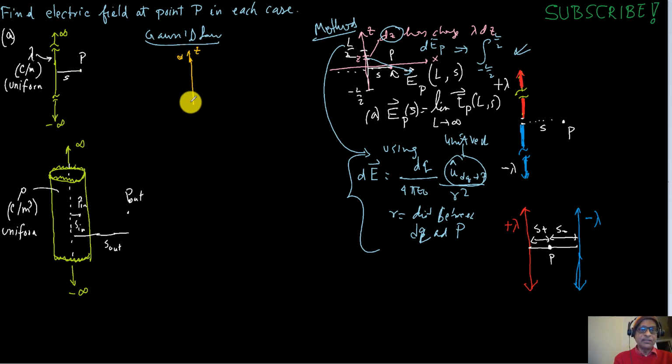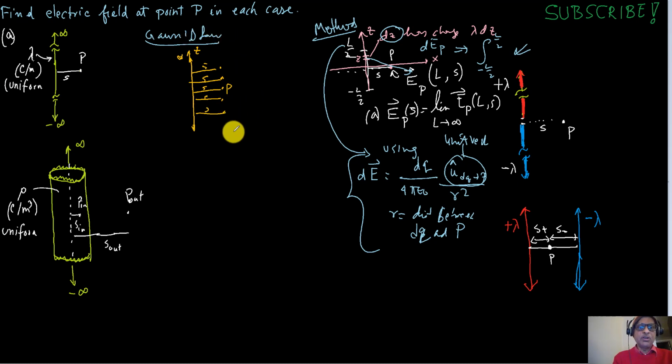So it goes all the way along the entire z-axis. So this point P, no matter where it is, as long as they're all the same distance from the axis, they all have the same electric field. So this is point P, and all the points which are the same distance S have the same electric field, right?